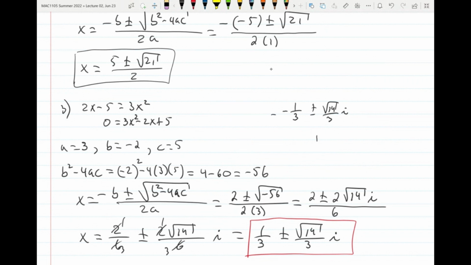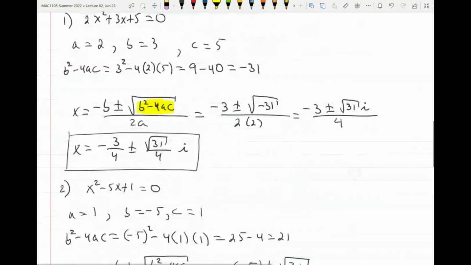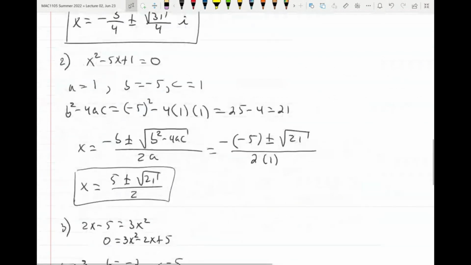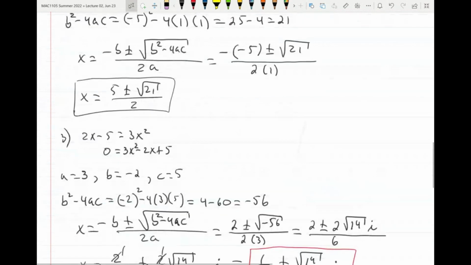Okay, good. Let's see, we have, okay, one more to go. So 25x squared plus 20x plus 4.